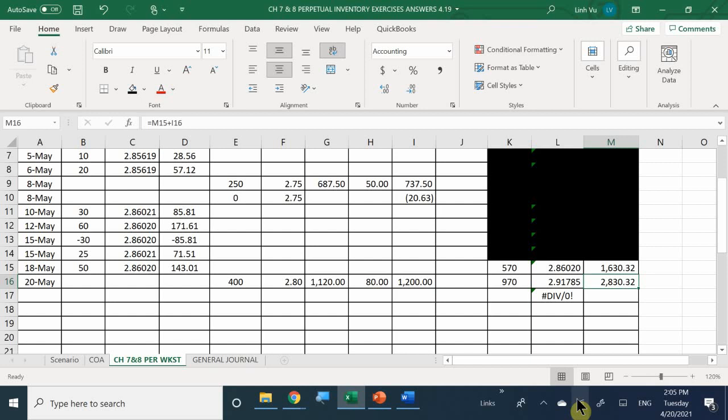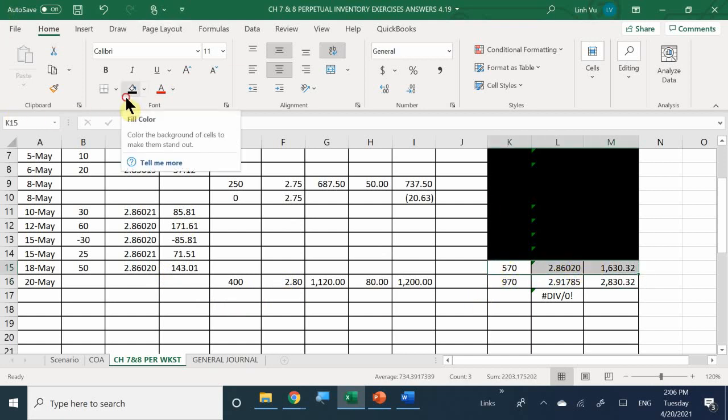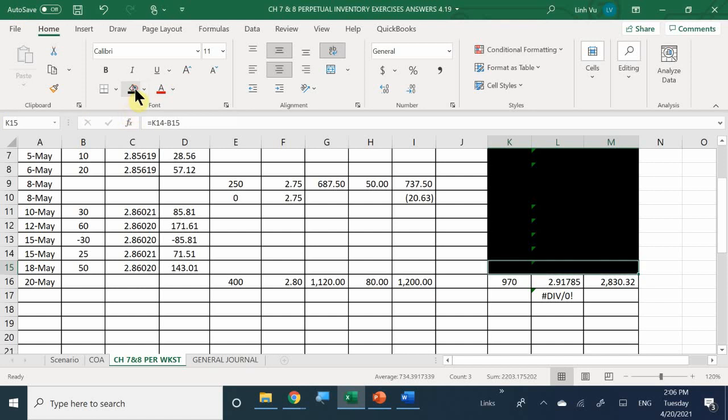Good. So your new average cost per item has drastically increased by 5 cents, because we purchased our inventory at a high price. So now I can block this off, because I don't need that number anymore. All I need to focus on is that I now have 970 items to sell.